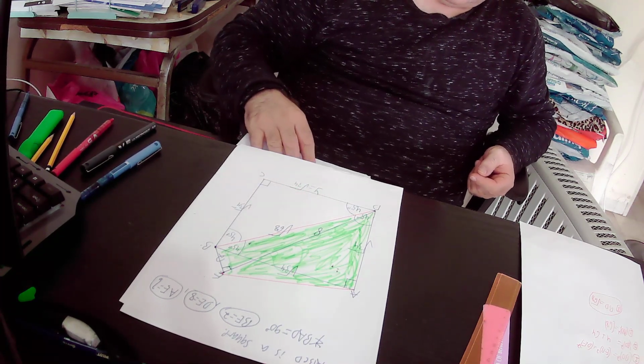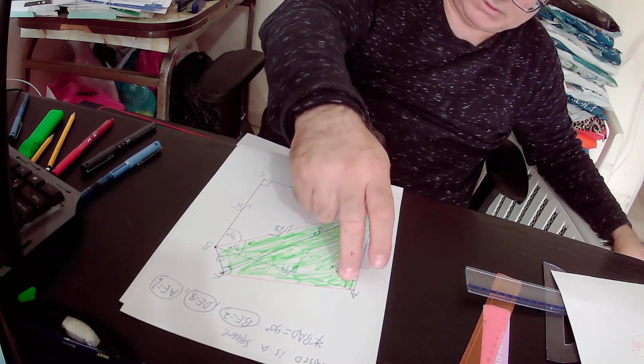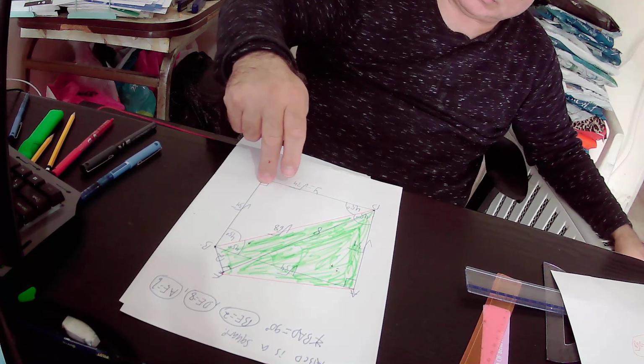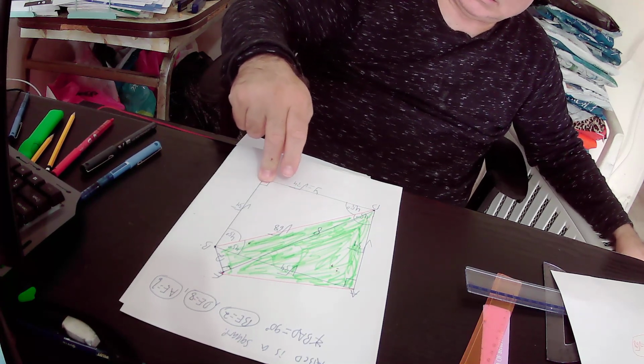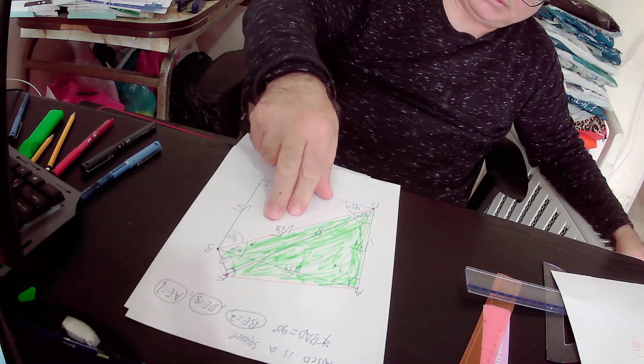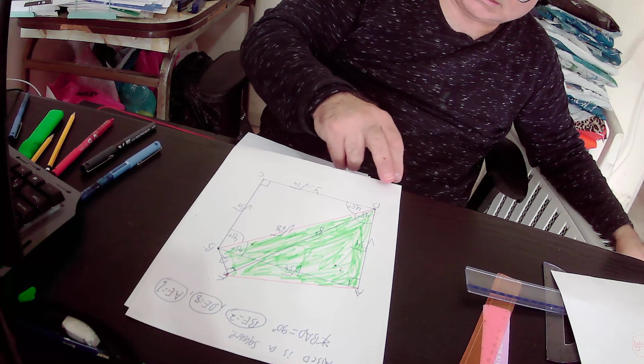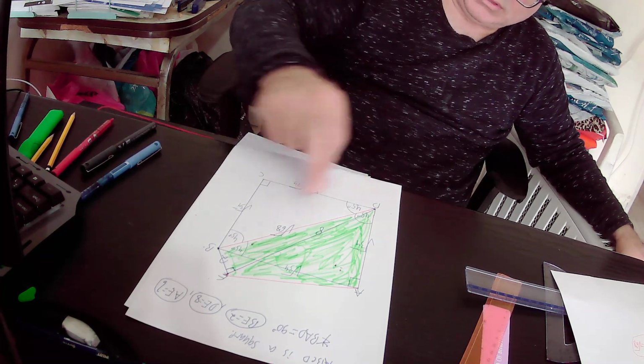Then we also know that all the angles inside the square are right angles, so this angle will be equal to 90 degrees, and this angle will also be equal to 90 degrees. Then we focus on this right triangle, triangle DBC. In this right triangle, we know that cosine 45 degrees equals DC over DB.